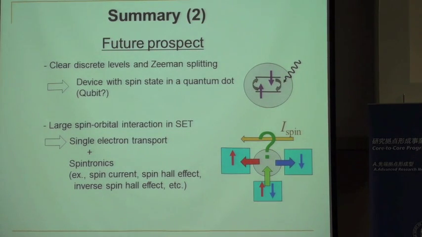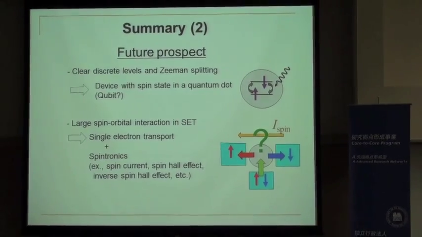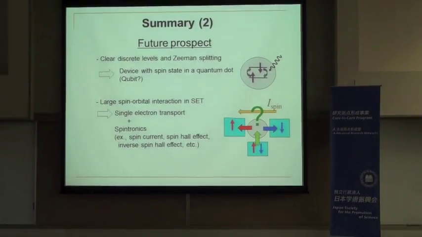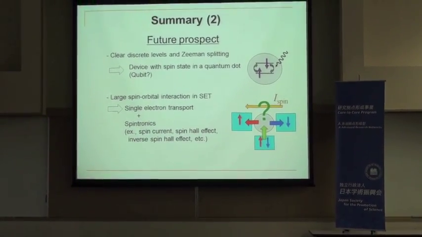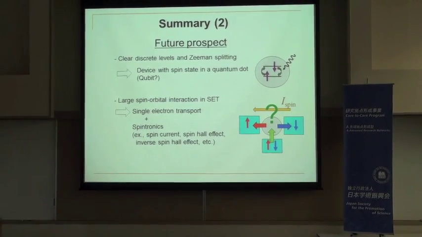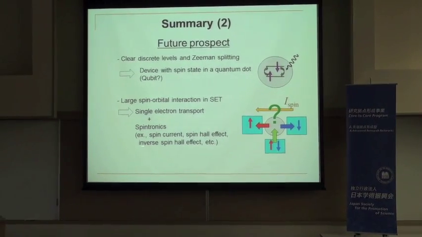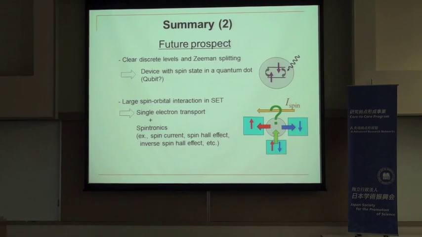If we combine the single electron transport and spintronics, it may be possible to realize, for example, single electron spin current or single electron Hall effect or inverse spin Hall effect, and so on.